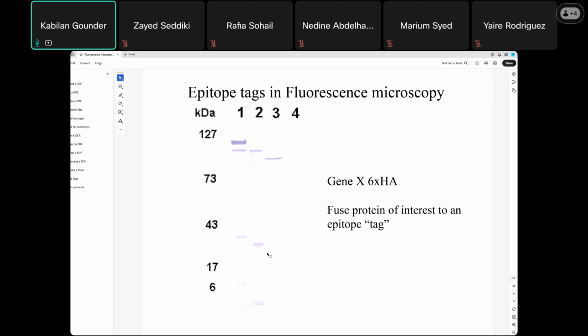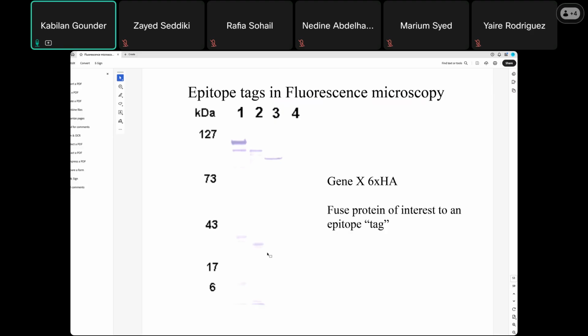What we did is we cloned this protein's gene in a bacterial expression system. We tagged the gene and DNA with the tag protein, and then we cloned it, expressed it, and purified it.